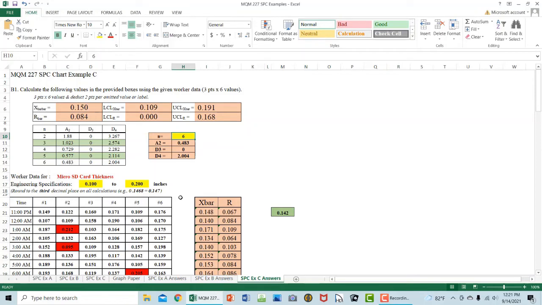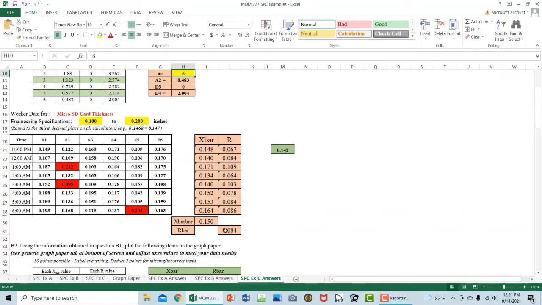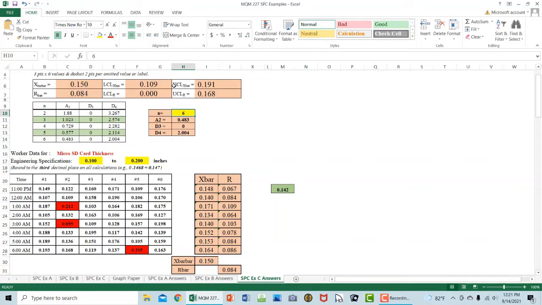So X double bar, that's just that number. R bar is that number, so we have those two covered. But when we look at the lower control limit for X bar, it's going to be X double bar, 0.150, minus 0.483 times R bar to come up with this number.